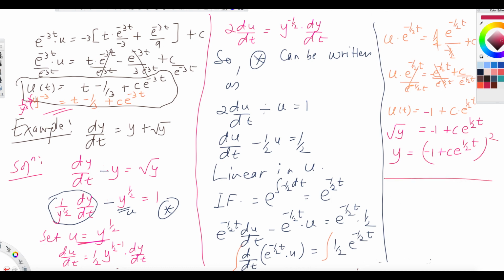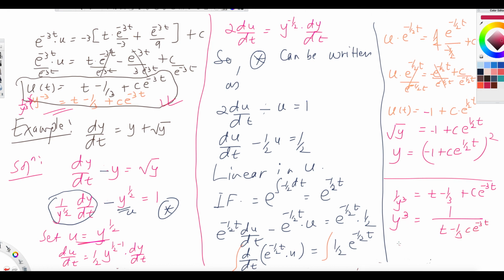Okay, let me complete the previous problem. That will become 1 over y cubed, that is the value of u(t), equals t minus 1/3 plus c e to the negative 3t. That's what you get, right? Now flip it, let's do that. y cubed is 1 over t minus 1/3 plus c e to the negative 3t.